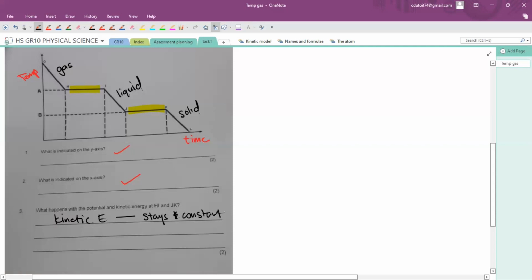In the green sections, the kinetic energy changes. The kinetic energy decreases. Remember, the molecules move really quickly and loose from one another in a gas. And once it becomes a liquid, it comes closer together, so the movement is less, so the kinetic energy is less. Kinetic energy is directly proportional to the speed of the molecule. The potential energy increases.